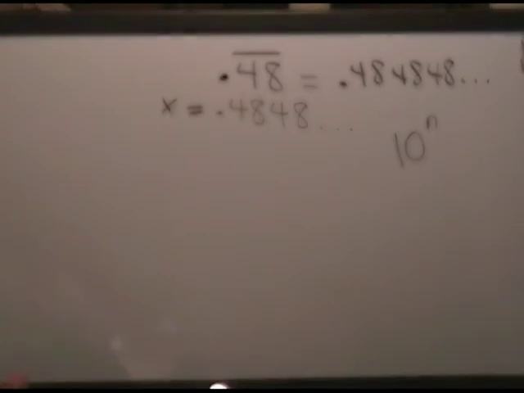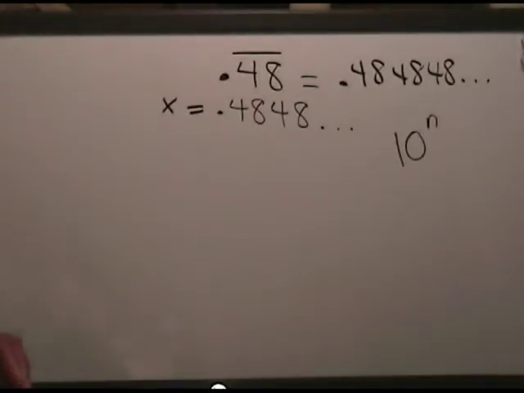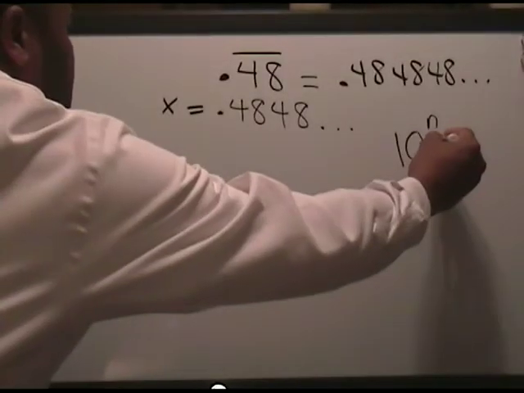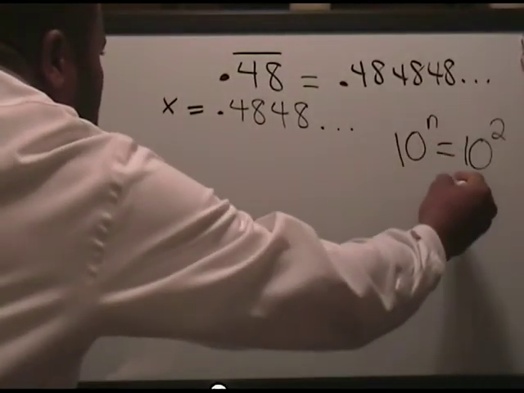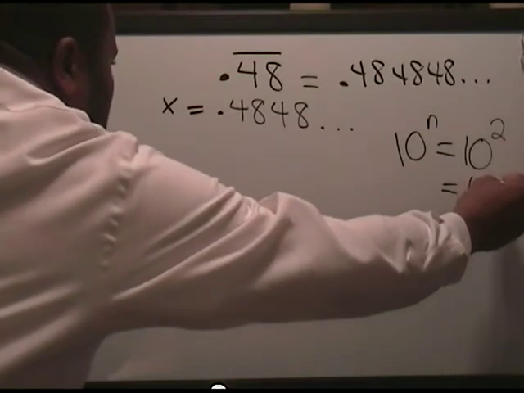So in this example, the 4 and the 8 both repeat. In other words, since there are two numbers repeating, the variable n will be equal to 2. So 10 to the n is equal to 10 to the second power, which is equal to 100.